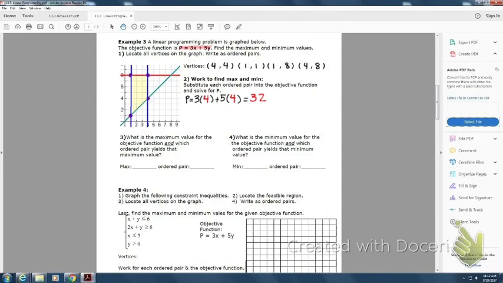And then you will do that with each vertices in the problem.